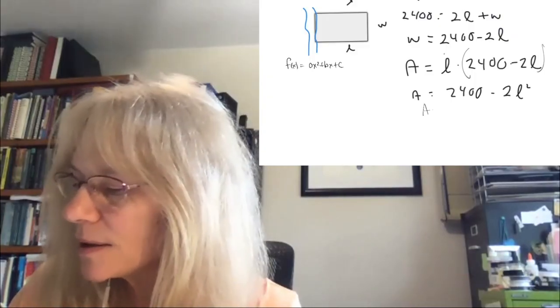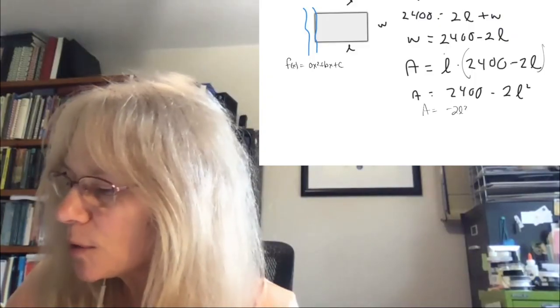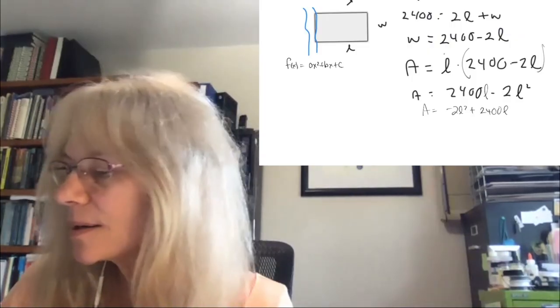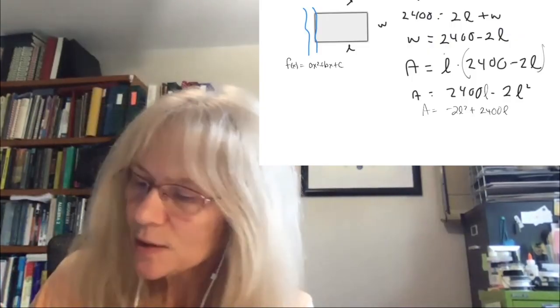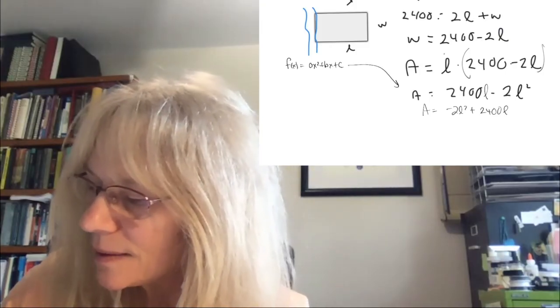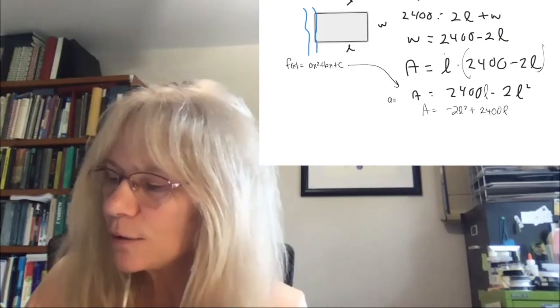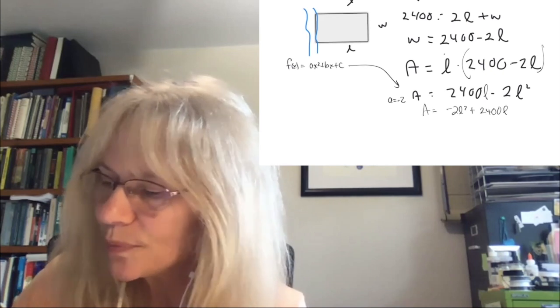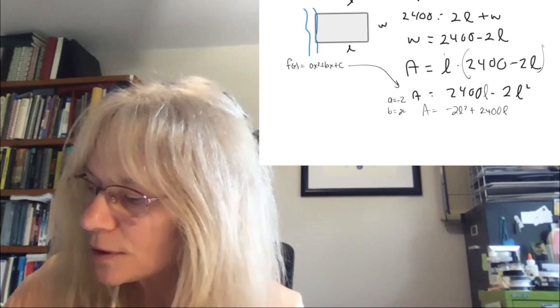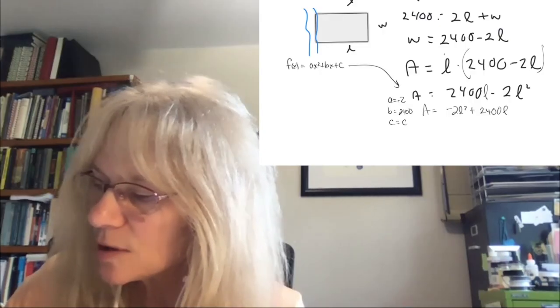We have that the area is minus 2L squared plus 2,400L, and then the constant is 0, okay? So when I look at that, the leading coefficient A is minus 2. The second coefficient, B, is positive 2,400, and our third coefficient is just 0.